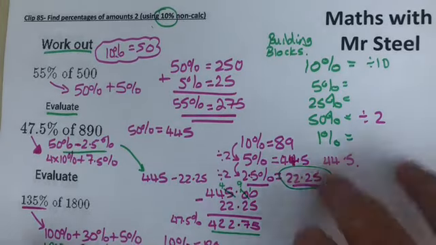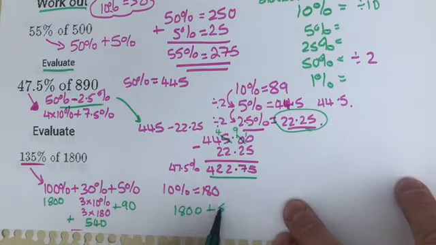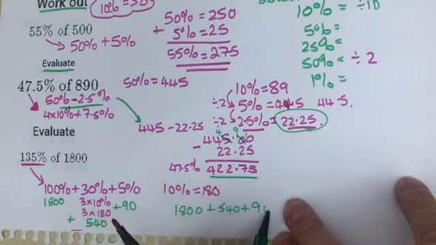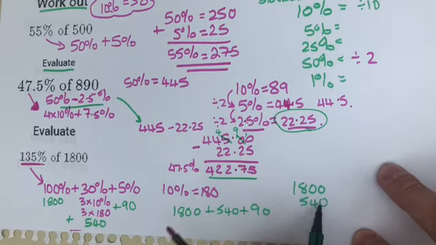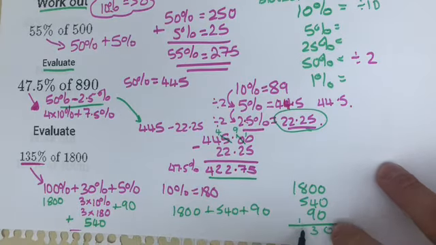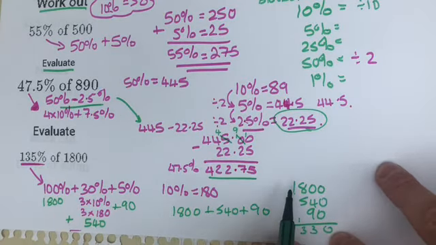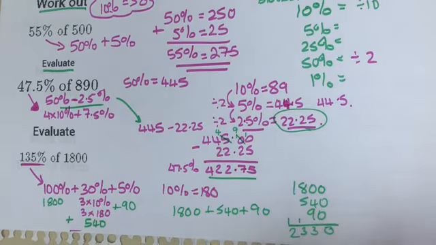So 1800 plus 540 plus 90. Right, I'm going to do this written down. 0, 3, carry the 1. 9 plus 4 is 13, carry the 1. 1 plus 2, 2, 3, 3, 0.